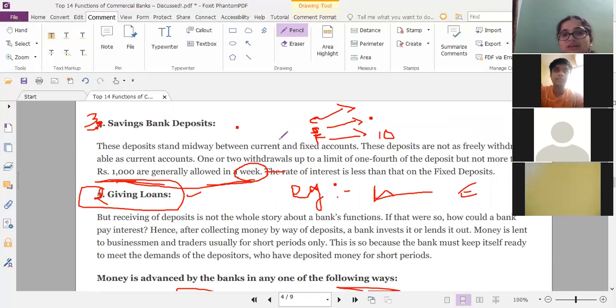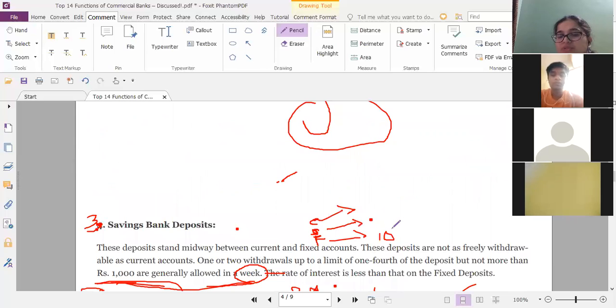We saw earlier that under fixed deposit, the bank gives you an interest rate, say 6%. So from where will the bank get this money to pay this interest rate?